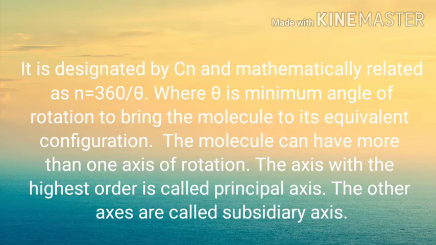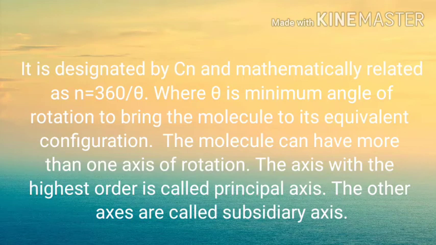Suppose we are rotating BCl3 and the axis of rotation is on the boron, then we have to rotate through 120 degree to get an equivalent configuration, so theta is 120 for BCl3 and n equals 360 by 120 equals 3. Therefore BCl3 possesses a C3 axis of rotation over the boron atom.